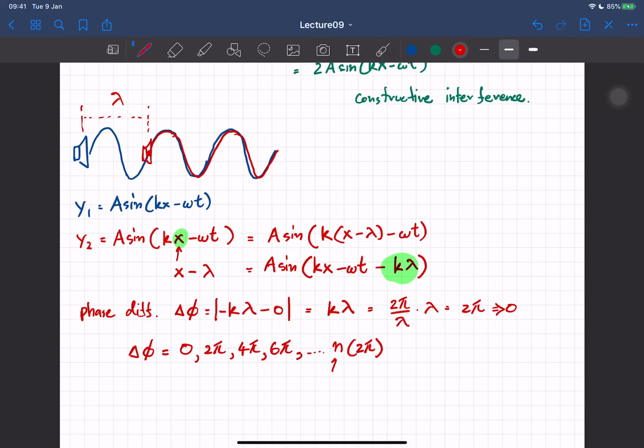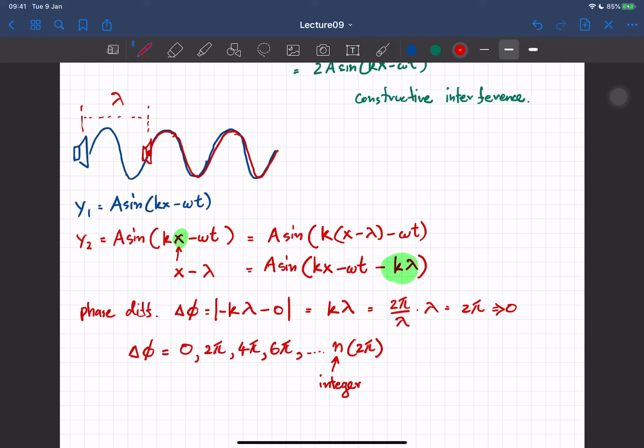So n times 2 pi, where n is an integer. And it's the same thing as, like, sine of 0 is 0, sine of 360 degrees is also 0, sine of 720 degrees is also 0. So sine of a multiple of 360 degrees or 2 pi is also 0. It's the same thing here, right?